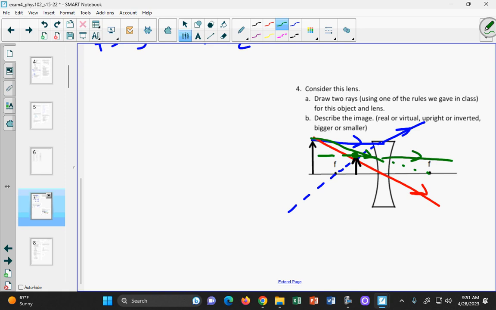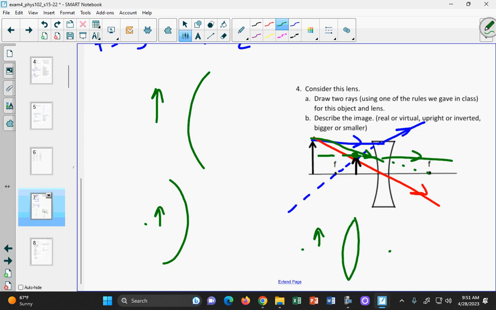It could be a lens or a mirror. This is a lens, but it could also be a convex mirror like that, or a concave mirror like that, or a convex lens like that. All four of those produce virtual images.